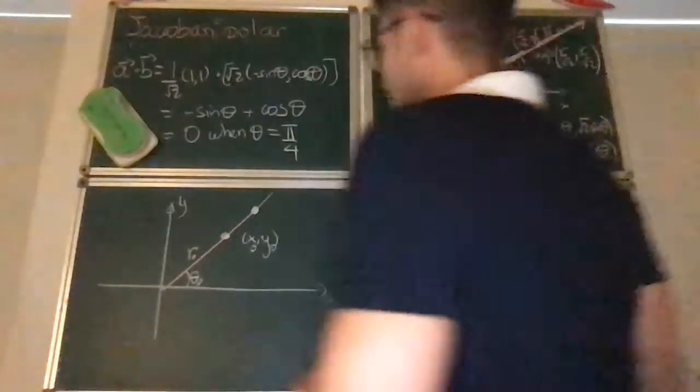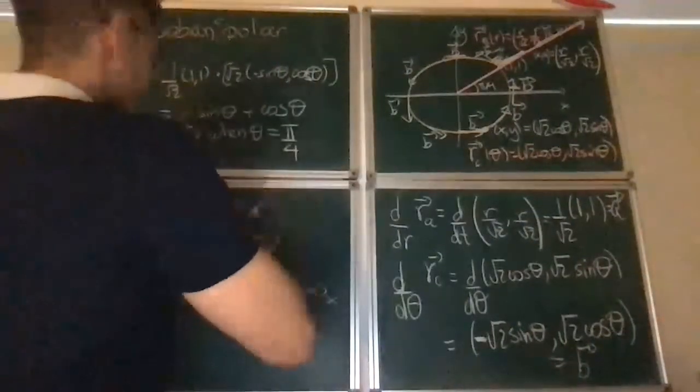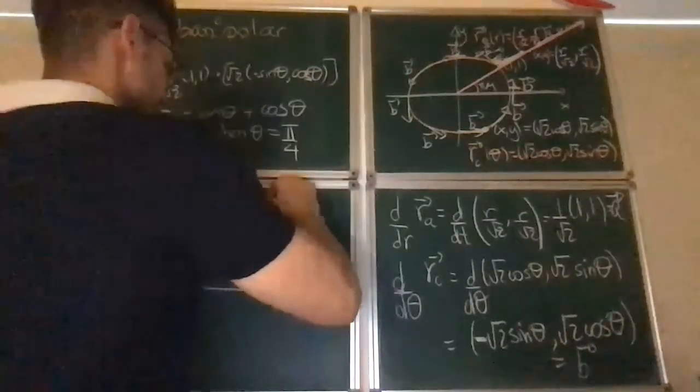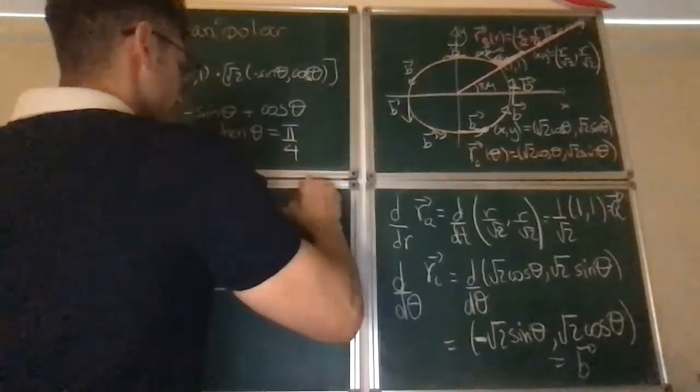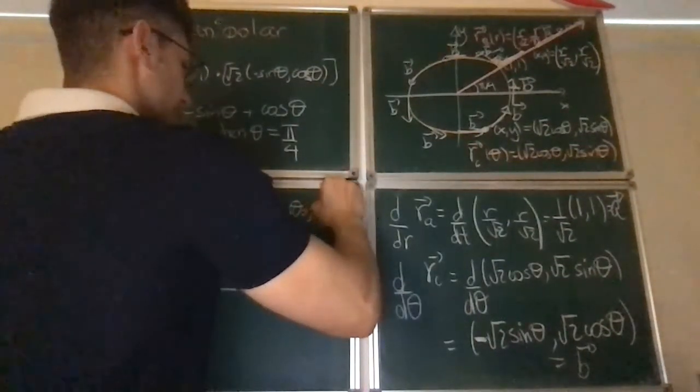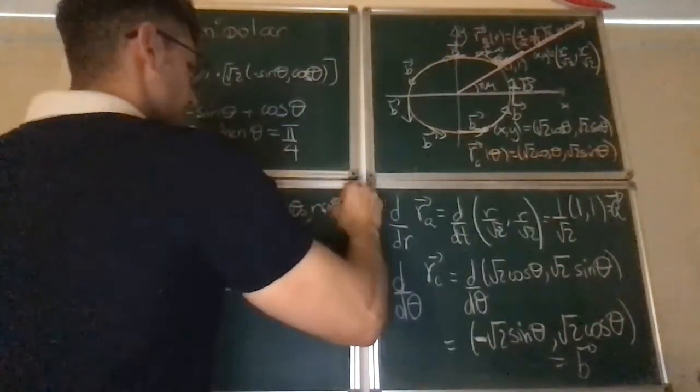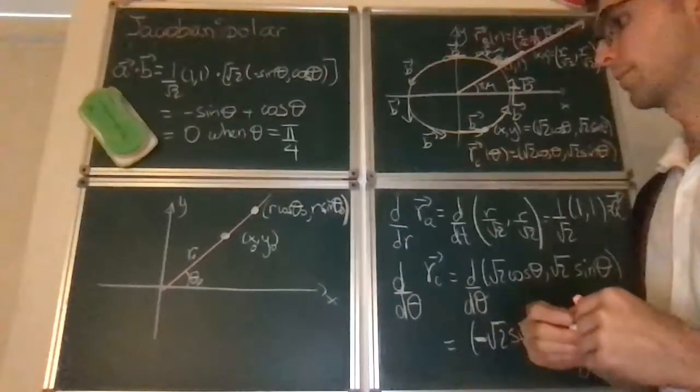Since theta is constant, r is changing, so this point is of the form r cosine of theta naught, r sine of theta naught.